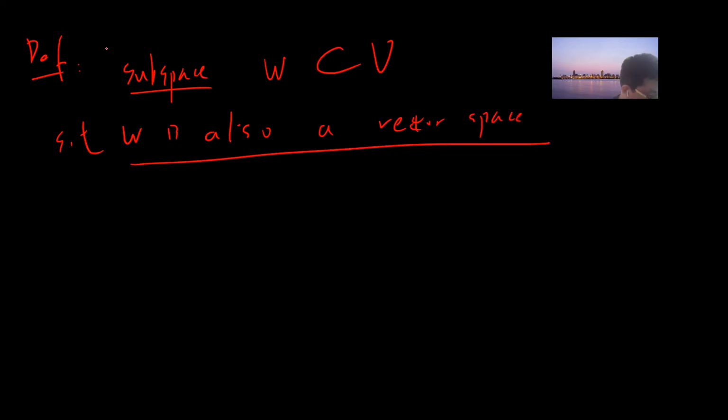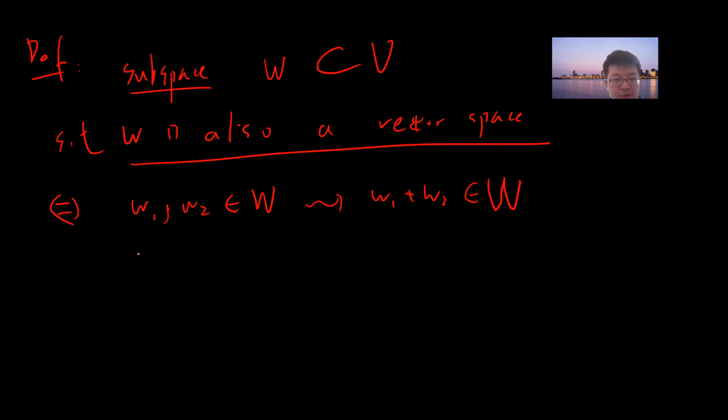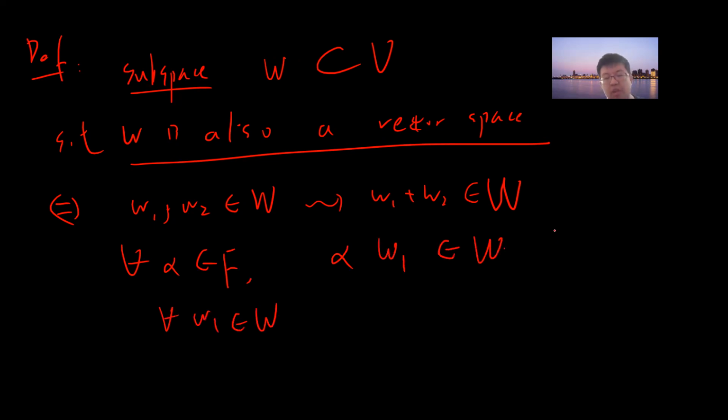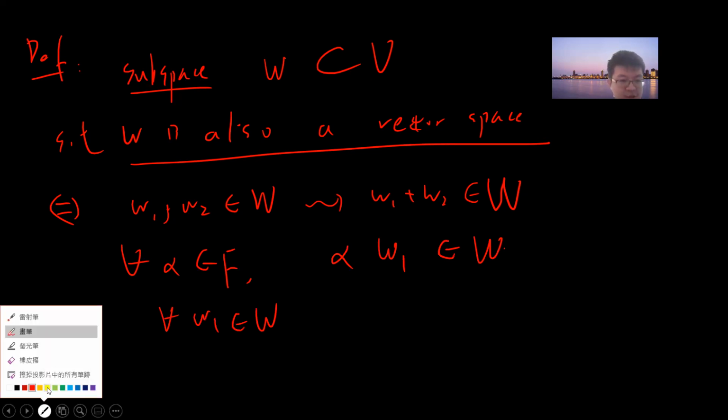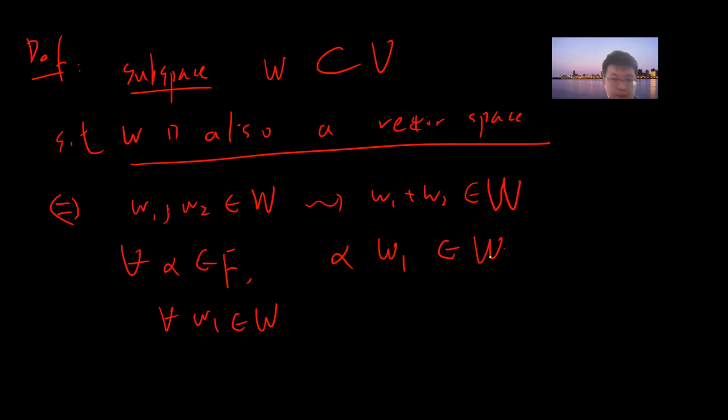A simple idea is that this holds if and only if you take any two elements in W, a subset of V, and check that their sum is in W, and also that for all alpha belonging to your field F and W1 belonging to W, alpha W1 is still in W. Once these two are proven, you are guaranteed that this is a subspace. This is a simple exercise that you should check.